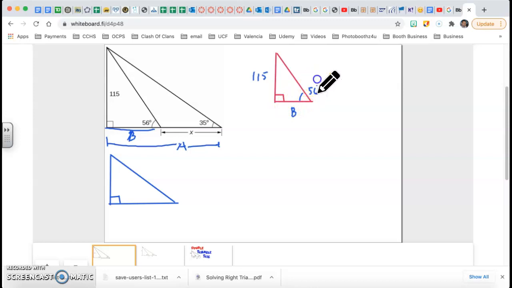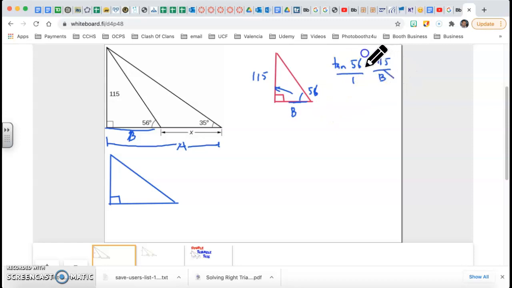Again, I need to relate those two sides with my angle, because this b is going to be my adjacent side and this is going to be my opposite side, and that's why I use tangent. So tangent of 56 is going to be opposite, which is 115, over adjacent, which is b. Again, I can just flip those two or do cross multiplication.